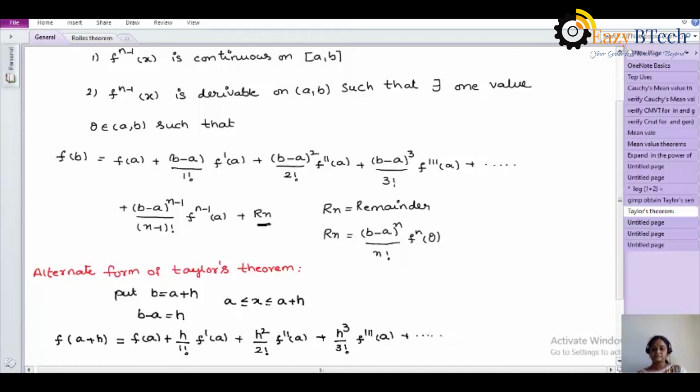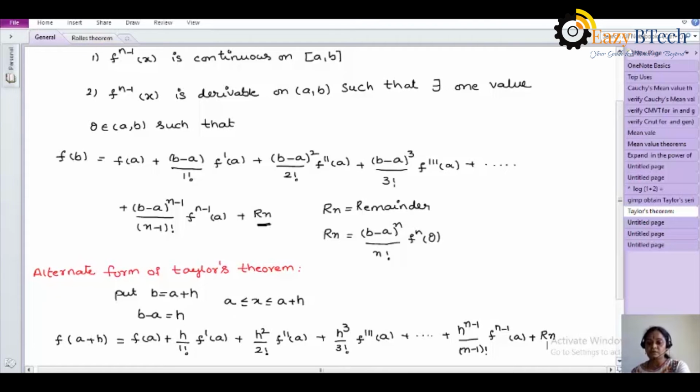And the last term, b minus a power n minus 1, becomes h power n minus 1 by n minus 1 factorial into f power n minus 1 of a, and plus the last term is Rn.